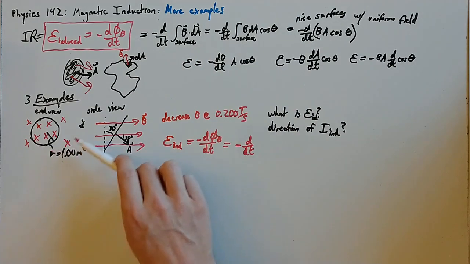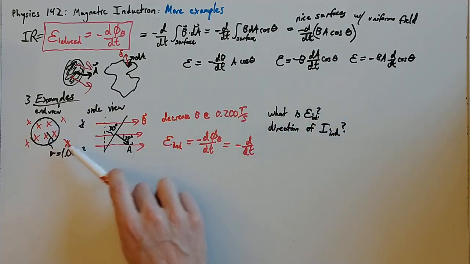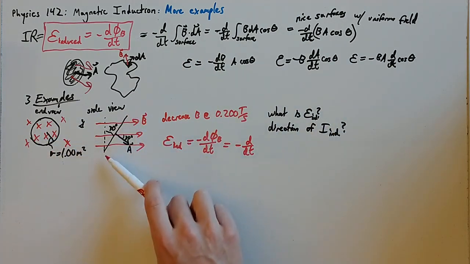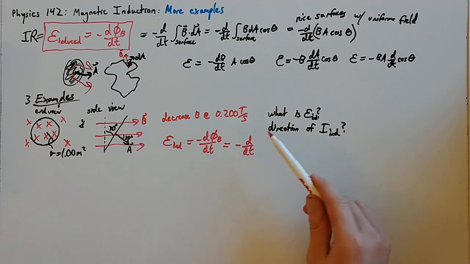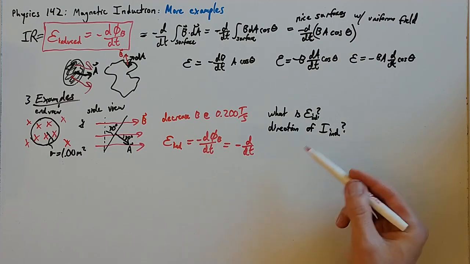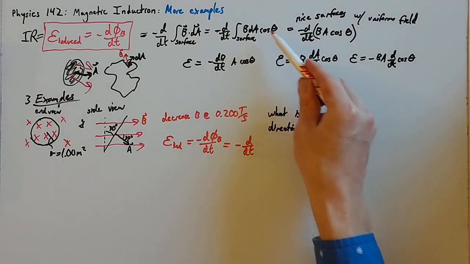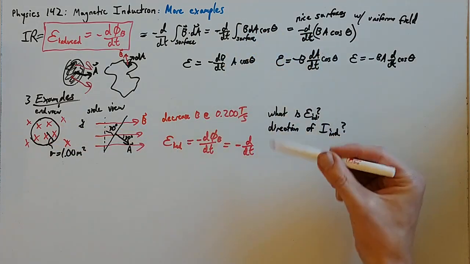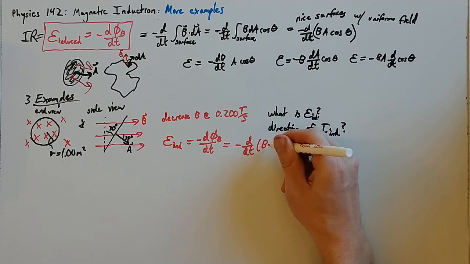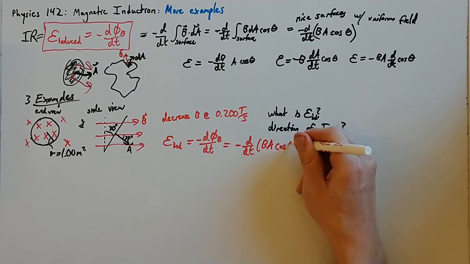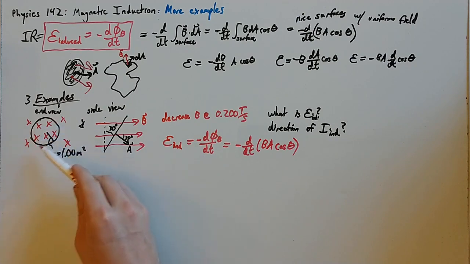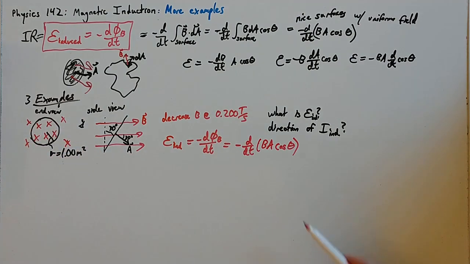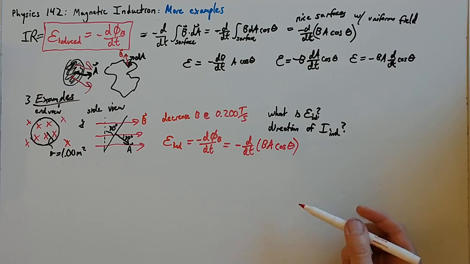And this is a nice uniform surface where the magnetic field is uniform throughout that surface. It's the same strength throughout. And so I can integrate over that area and just write this as B times A times cosine of theta, because it's the same everywhere at all the spots in the hoop.